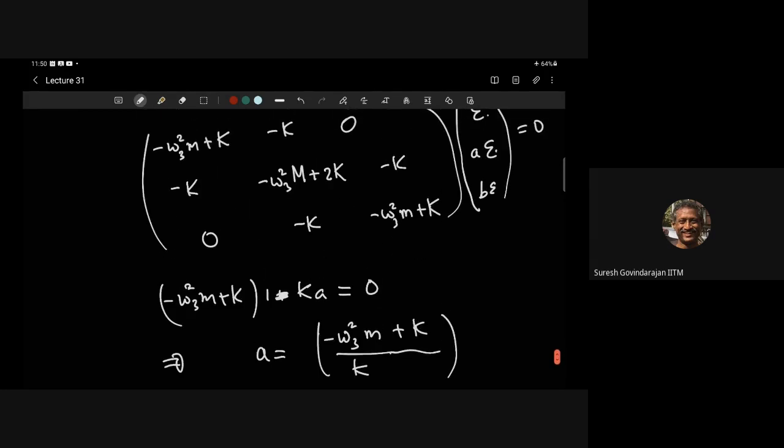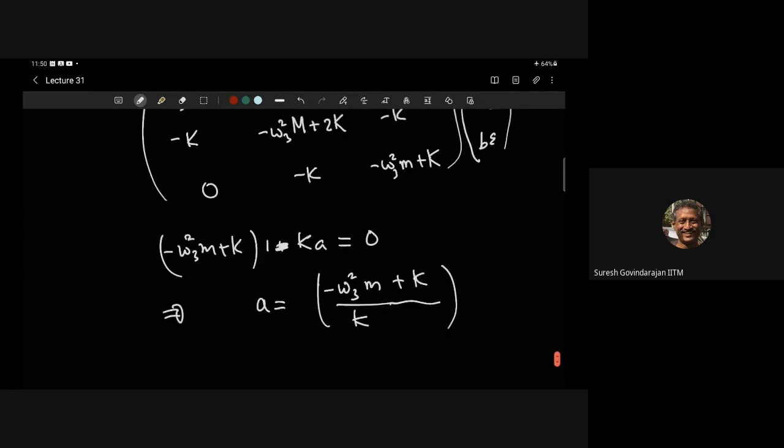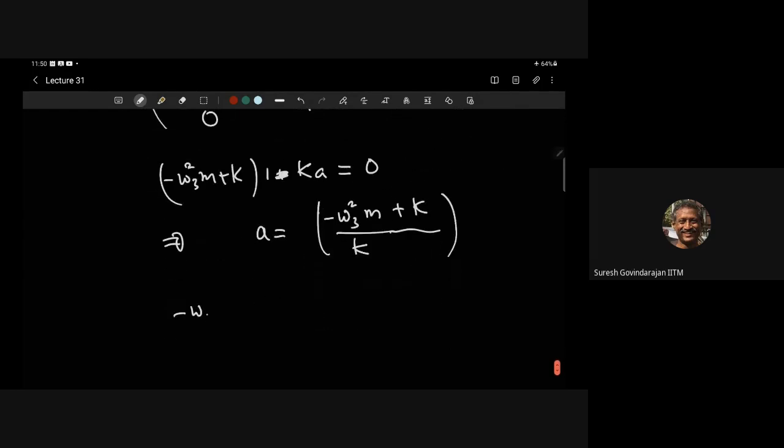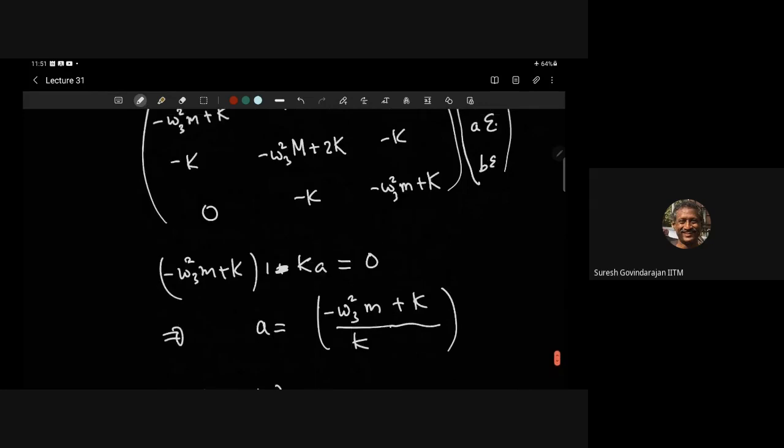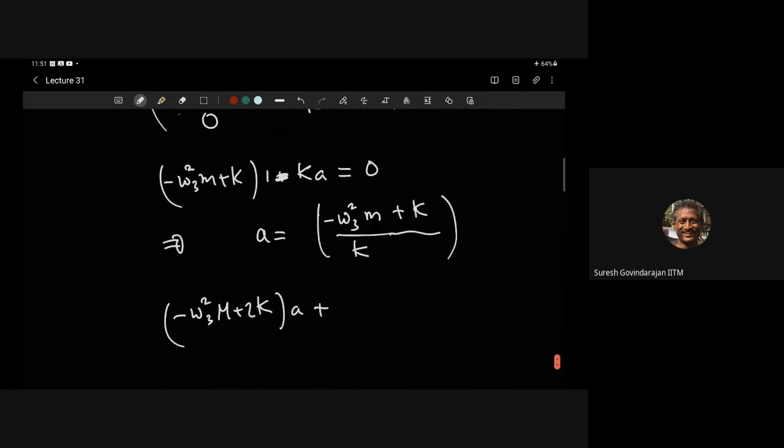Now we can do the third row. Do I want the third row or this one? Which one is easier? Okay, let's do the third row. The third row will give... oh, what did I do?